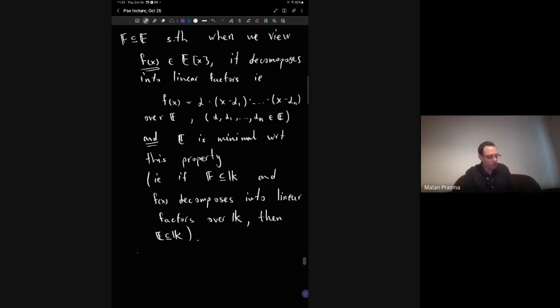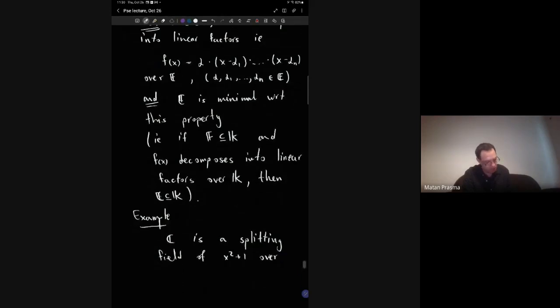And we have a toy example, of course. C is a splitting field of x squared plus 1 over R. Yes.